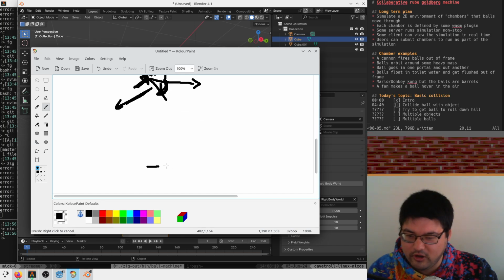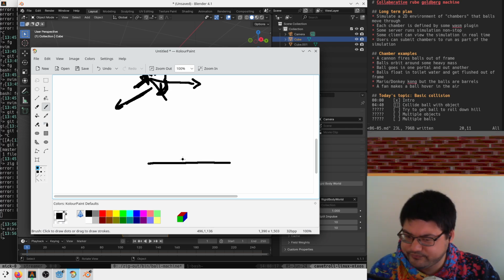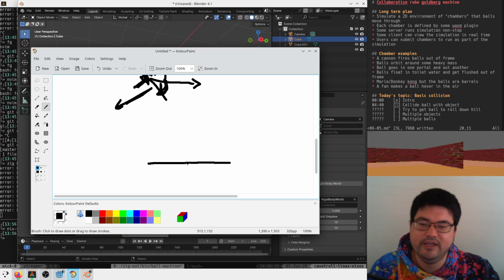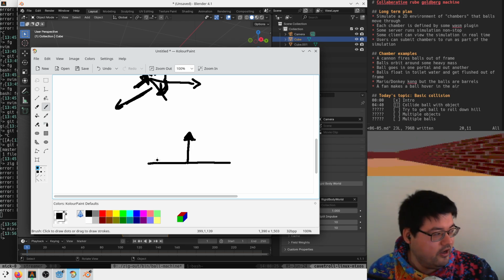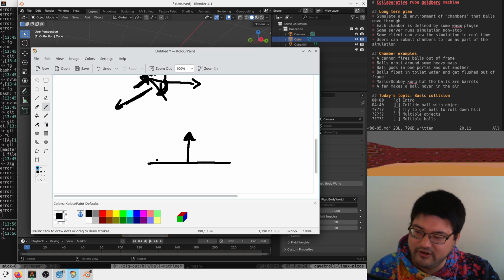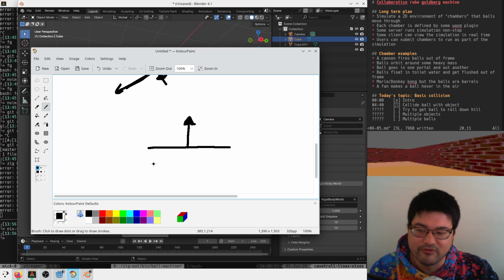And we'll start with an object that's completely horizontal. I think that what we want to do, in this scenario, is essentially mirror over this direction. Is the ball rotating? That's a good question. I'm kind of assuming that either it rolls perfectly or it slides perfectly. One of the two.